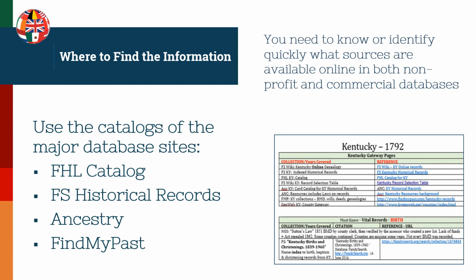Whenever I am performing research for a client or even for myself, I am using these catalogs throughout every project. These databases have so many collections that narrowing down your search by using their catalogs often can be more efficient than using the general search function, which may return thousands of results.